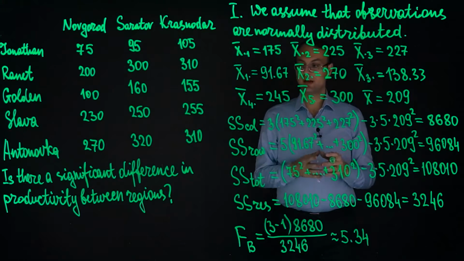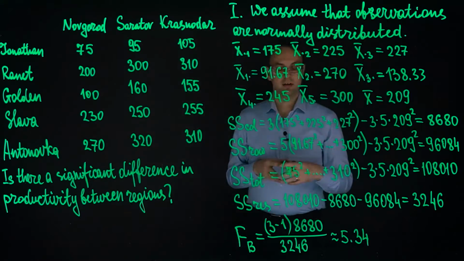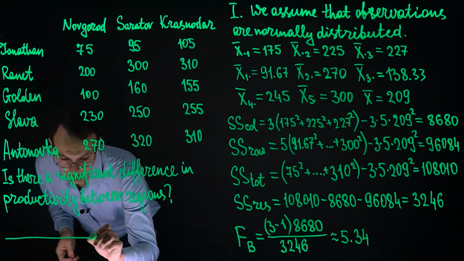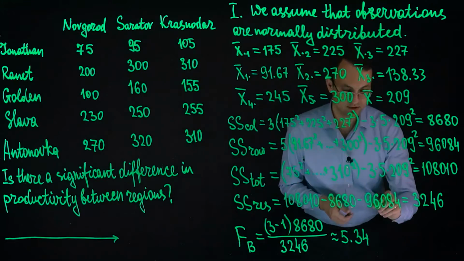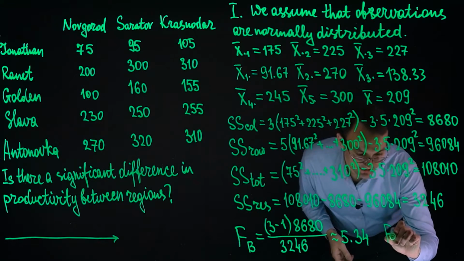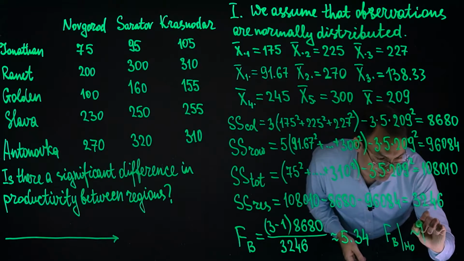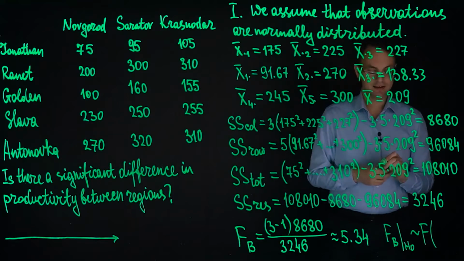And now to test the hypothesis, we are to construct the acceptance and critical regions using the quantile of the Fisher distribution. Under the null hypothesis, this FB follows Fisher distribution, and the number of degrees of freedom in our case is 2 and 8.